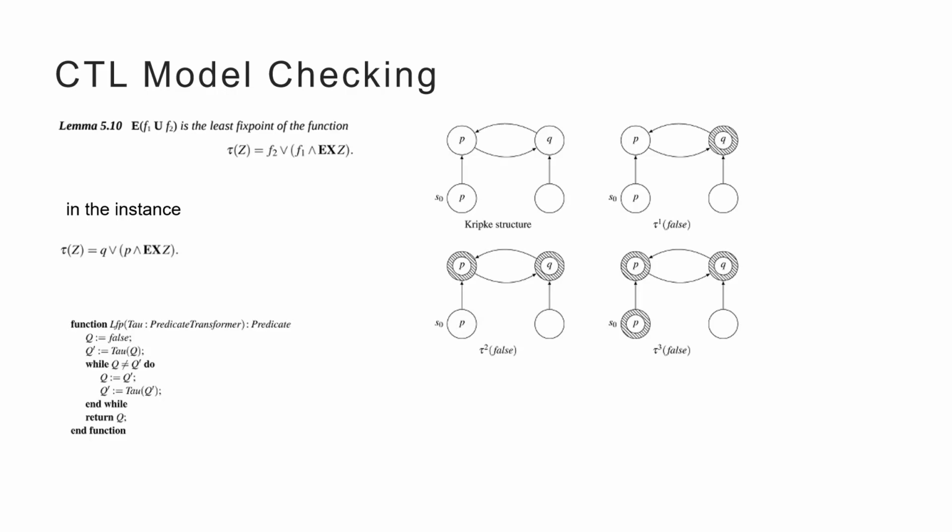Now let me use exists P until Q as an example to illustrate this process. Based on the corresponding relationships we just discussed, the form of the function tau is as follows.